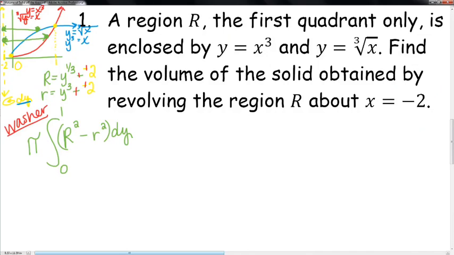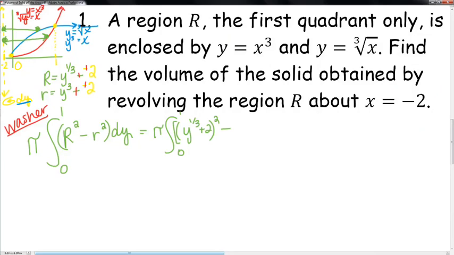So now we can go ahead and substitute in. So I have pi, we're going from 0 to 1. My capital R squared is y to the 1/3 plus 2, and we're going to square that.